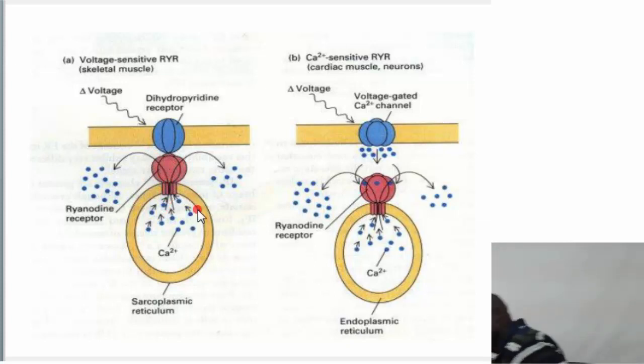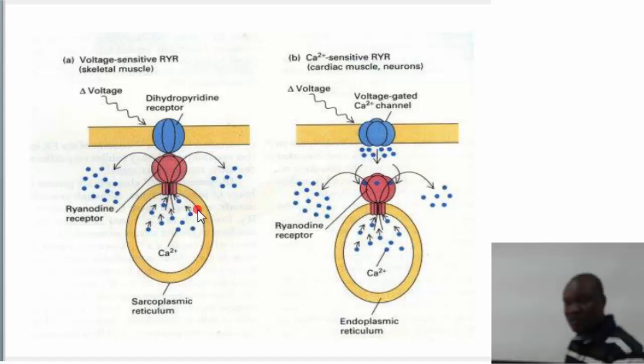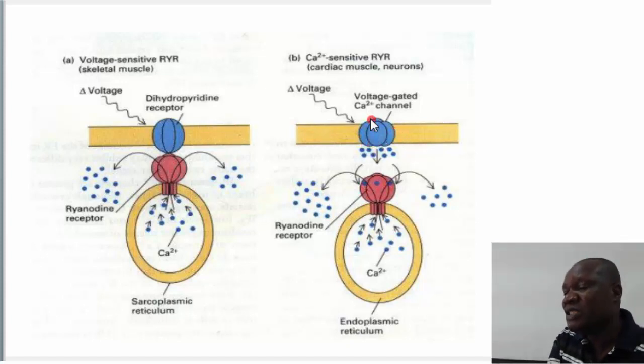Whilst in the cardiac muscle, voltage changes will cause the calcium channels to open. There's influx of sodium ions. Sodium then causes the opening of calcium channels, which then causes the opening of the ryanodine receptors. And when these open, calcium will be released.